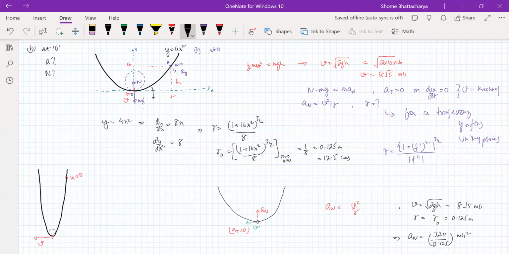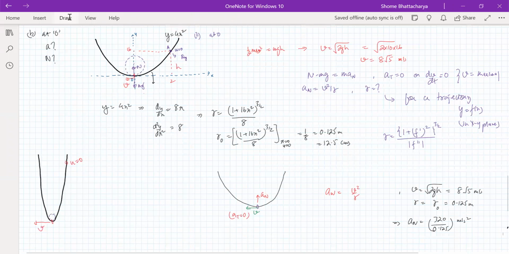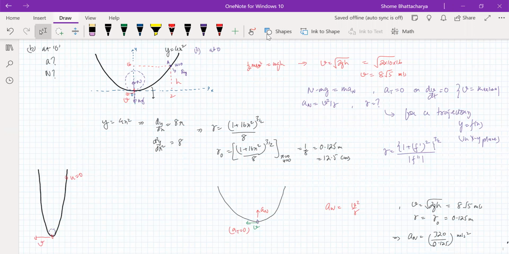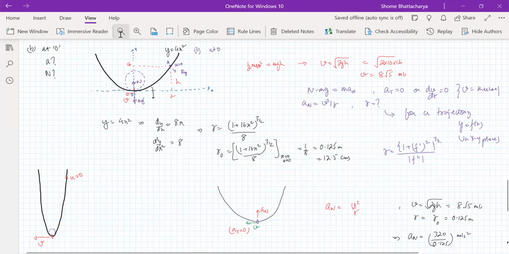In that sense, there's nothing very difficult about the question, but it's just that this concept is generally not asked that much at JEE Advanced level. Yes, sir. Even at JEE level even. Yeah.